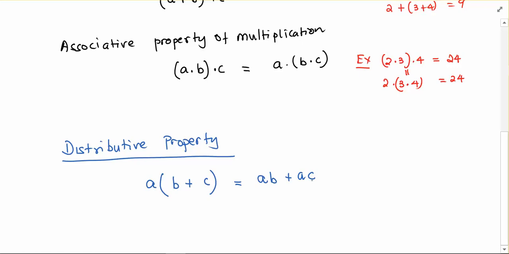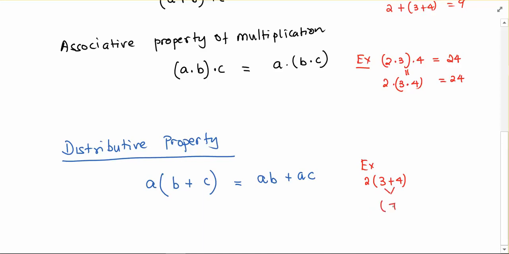Okay, AB plus AC. So let's do a little example here. What if we had 2 times 3 plus 4? Well, one way to do this problem is to add these two first, following the order of operations.